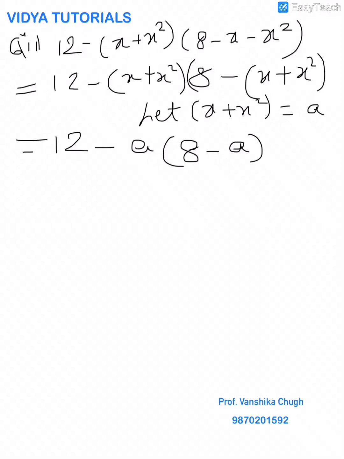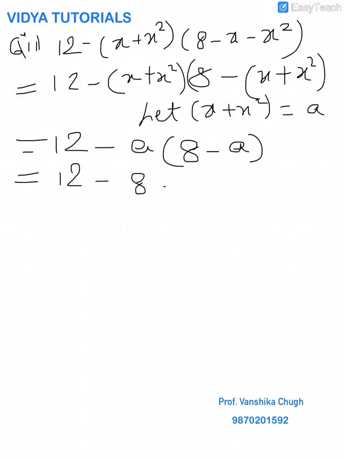Be very careful, there is no sign between this and this. So I have written a and there is no sign, means a is to be multiplied by 8 minus a. So now I will multiply a by 8 minus a. So what do I get? 12 minus 8a plus a square.